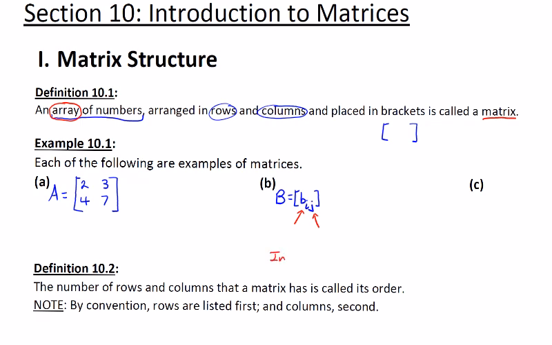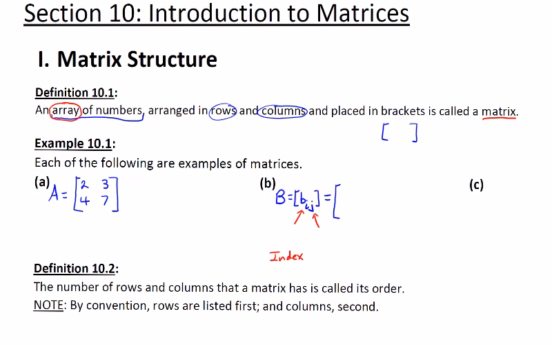These are called the index, or the indices for plural. And it's really useful to have this style of notation, especially when you start getting larger matrices that you work with.